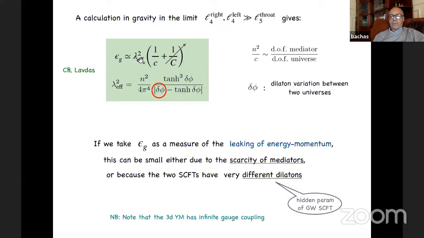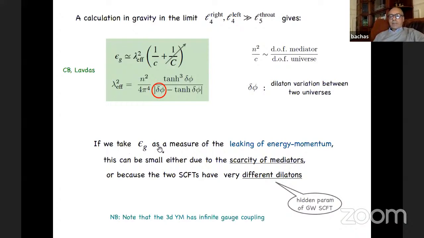There is no conformal perturbation theory here, but lambda effective is this very specific combination of the rank of the mediating gauge group and the change in the dilaton across the Janus throat. So you see that there are two crucial parameters that enter in the scaling dimension. One is the rank n squared over c. This is the number of degrees of freedom of the mediator compared to the end of the world branes or universes, and delta phi, which is the variation of the dilaton.